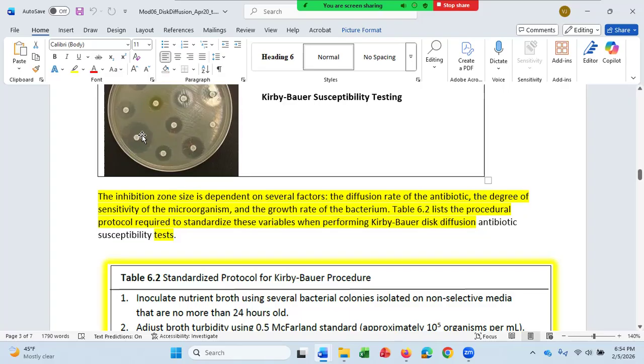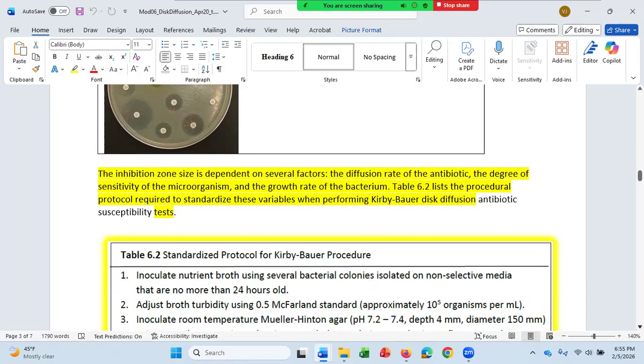And for the growth rate of the bacterium, I believe the faster the bacteria grows, the smaller the zone of inhibition. So you have to standardize all of these variables when performing the Kirby-Bauer disc diffusion method, which is also called simply the disc diffusion method when we're looking at antibiotic susceptibility tests.